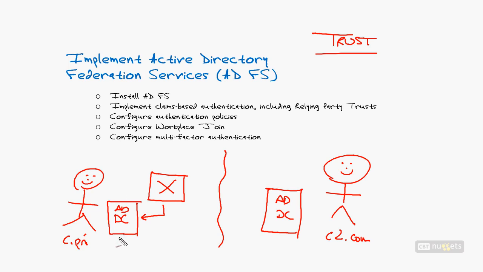Well, let's say that in addition to being able to do that, we can also, via some mechanism, determine that this user in the other company has successfully authenticated to their company's Active Directory. In other words, their company's Active Directory and the database associated with it.